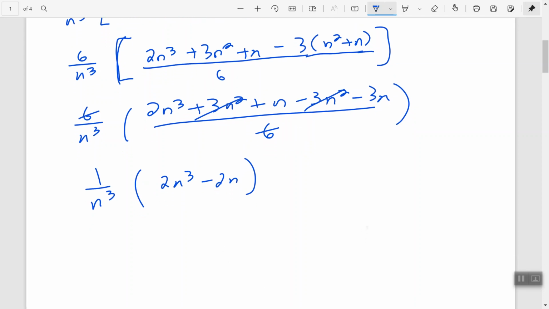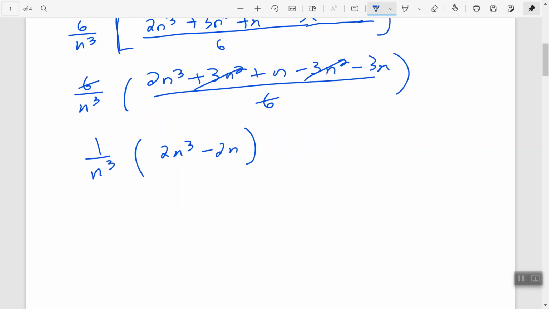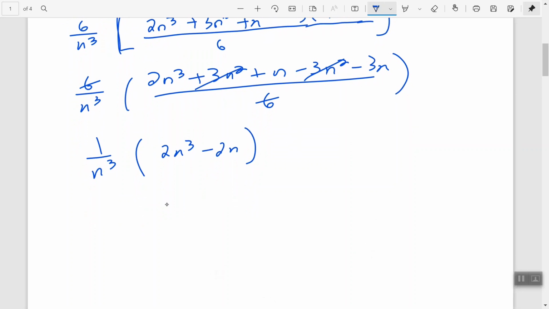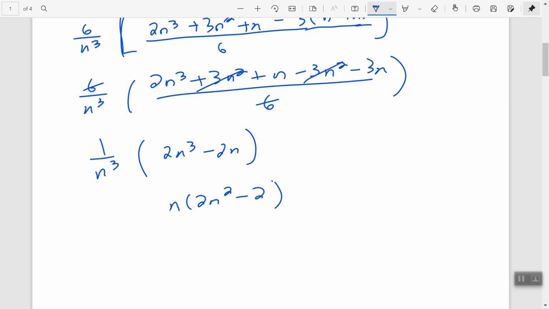And last, let's put that in one fraction. We can factor out an n from the 2n to the third, and put that over n to the third, and the n and n to the third would simplify.